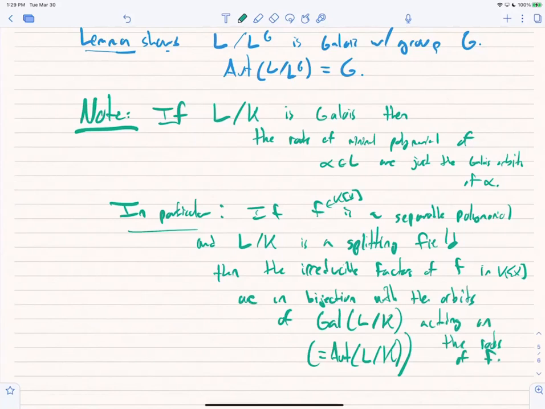It translates this arithmetic problem of factoring a polynomial into a group theoretic problem of just computing the orbits of some group action. This is a useful perspective.